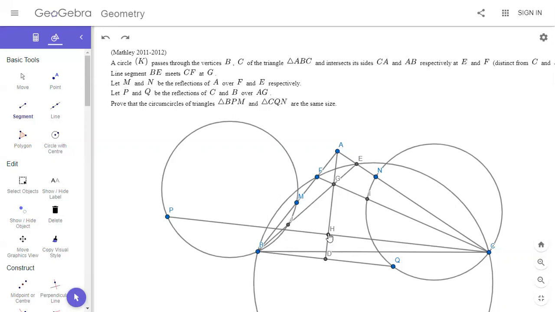Yeah, I forgot. So yeah, how does that prove they have the same size? So yeah, if H is the midpoint of PC and D is the midpoint of PQ, and they both have the same powers, I guess if the radical axis is like halfway between the two circles, then yeah, okay.